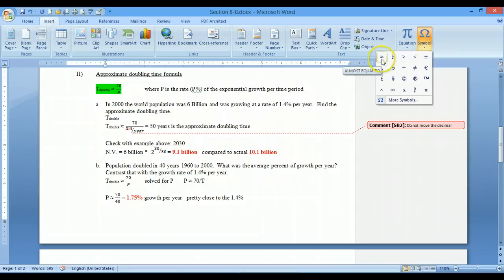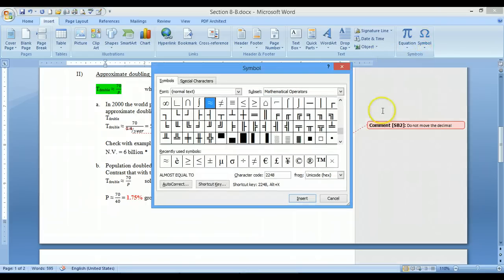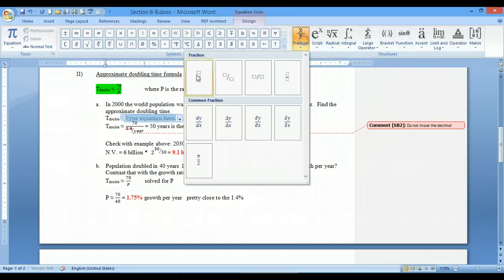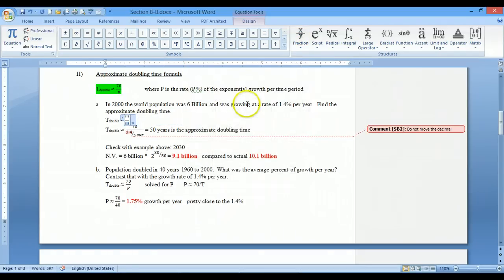Mine happens to be here because I've used it. You may not have it really close, so you'll have to go find it in your more symbols. Here it is. Double click, insert. Oh, I inserted it twice. It's the approximation, approximately equal to, and again, you can go in and do an equation to get your fraction to work out nicely.